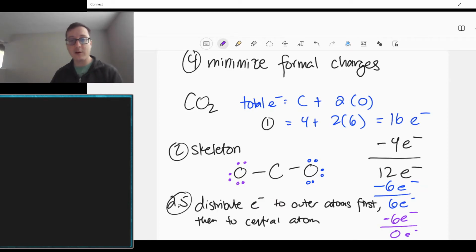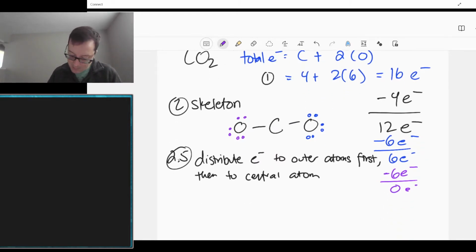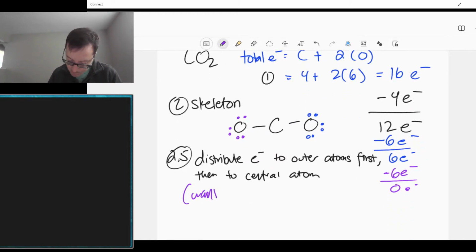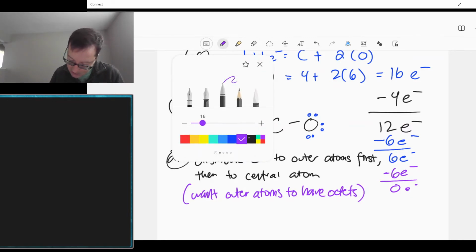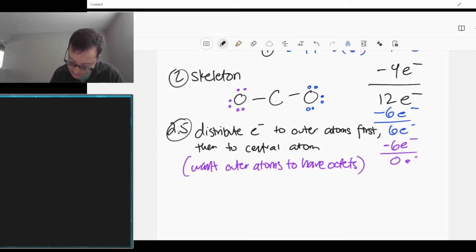And we have no more electrons to give to carbon. Remember that we want our outer atoms to have octets, right? So we have to make sure that we give them enough so that they have 8 electrons. And so now we're going to go ahead and check our structure.